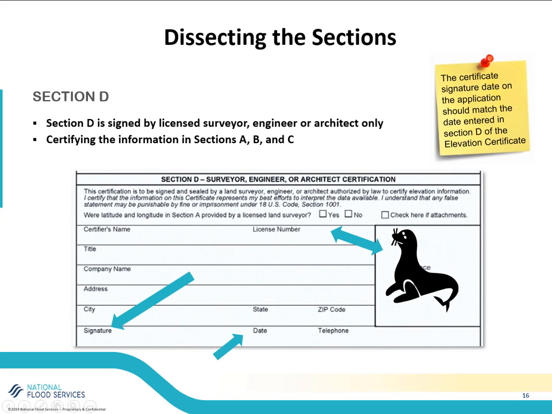Simply put, the licensed surveyor, licensed engineer, or licensed architect that completes Section C must also complete Section D and verify their licensing information.